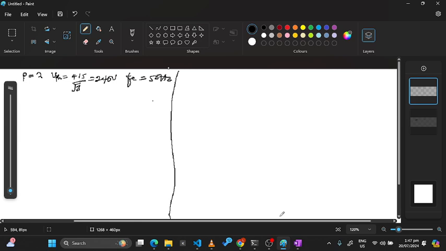Okay, so the motor may be approximated by a magnetizing inductance of 600 millihenries. So that means we are ignoring the leakage inductance. So this is a magnetizing branch. Then the rotor is represented by just the resistance, which means we are ignoring the rotor leakage inductance.